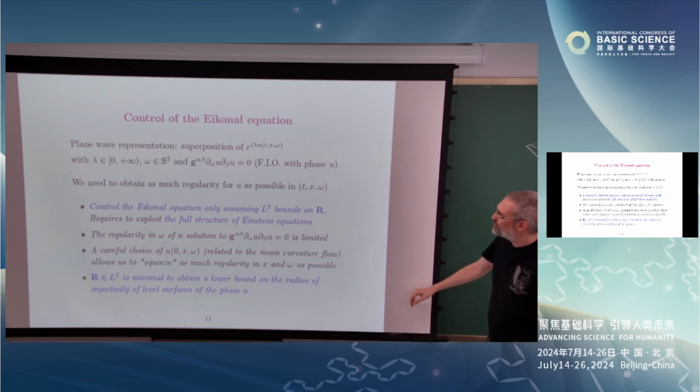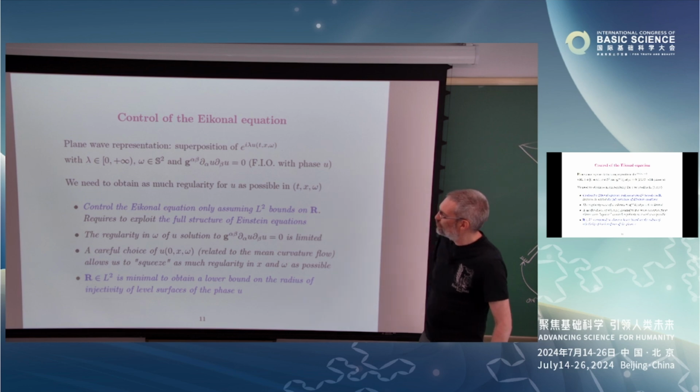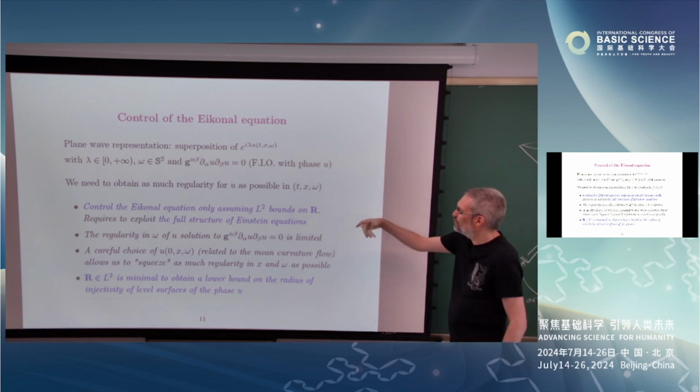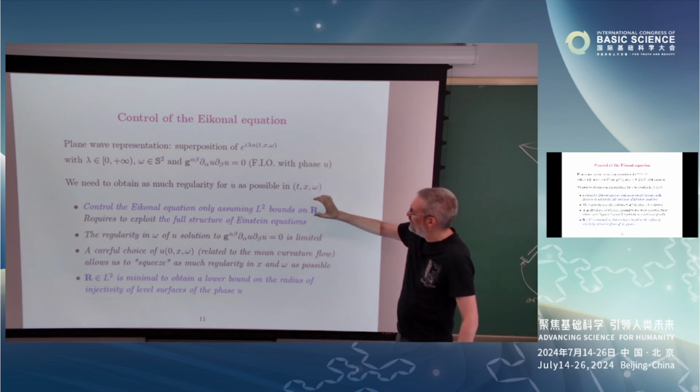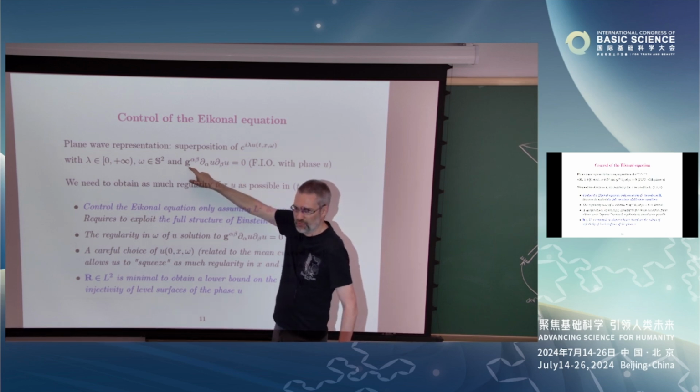Of course, the main difficulty here is that you only assume curvature bounds on your spacetime, and that will require you to use the full structure of the Einstein equations to be able to control the eikonal equation. However, this first point seems to only limit regularity with respect to t and x. It seems a priori that with respect to omega you would be smooth, simply because omega is just a parameter in u, and the metric has nothing to do with omega.